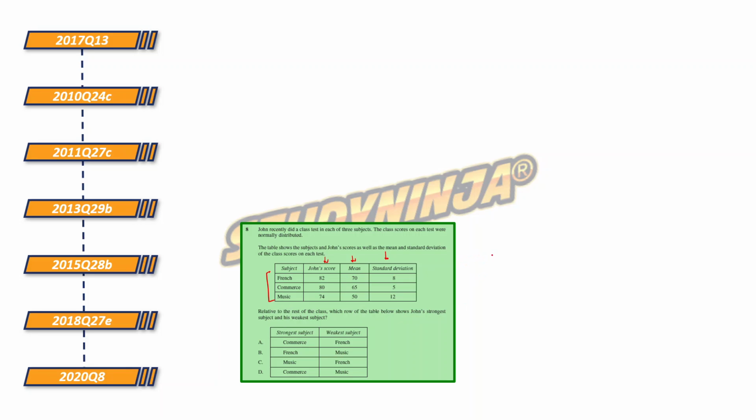If you know this is about Z score, then all you need to do is work out these 3 Z scores, straightforward formula application, and find out which one has the highest Z score and which one has the lowest. The one with the highest Z score would be his strongest subject, and the one with the lowest Z score would be the weakest subject, and you'll figure out the right option from here.